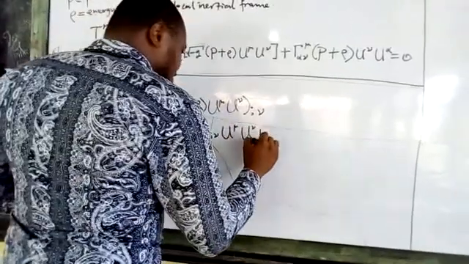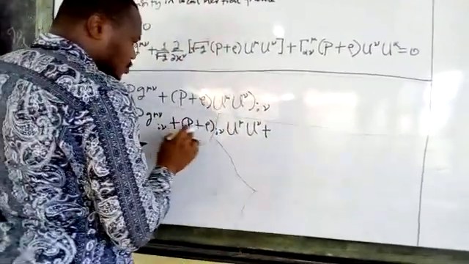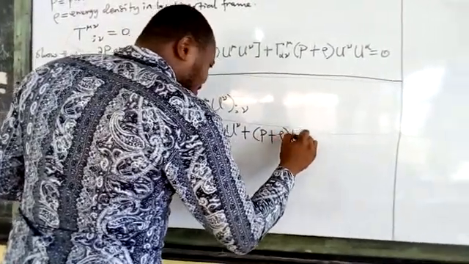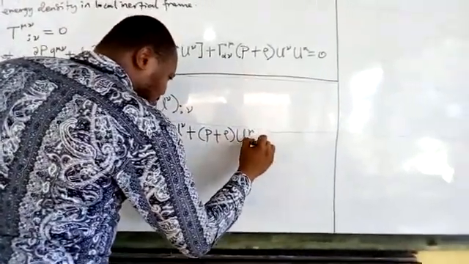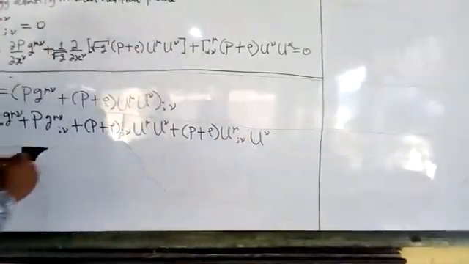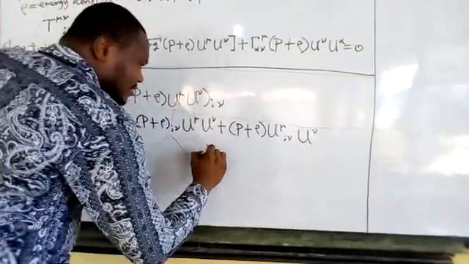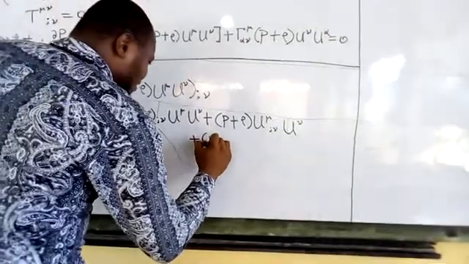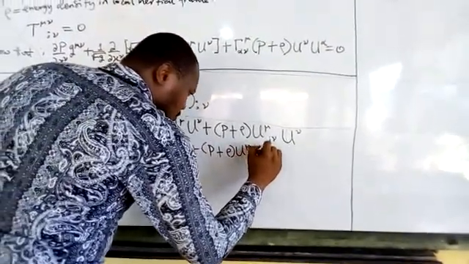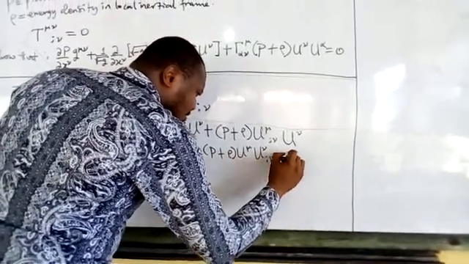The next plus, again by the usual Leibniz rule, I treat (P plus rho) as a constant, then differentiate U mu, still keeping the last factor constant. And of course plus this same last term, (P plus rho) U mu, U nu differentiated, and the whole thing should be equal to 0.